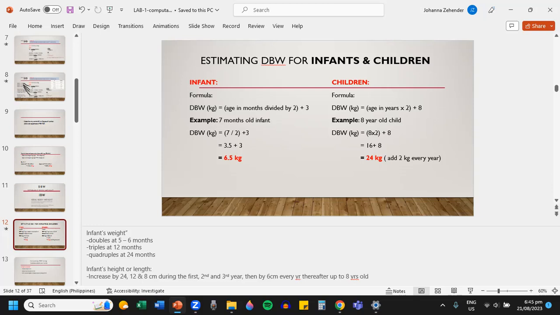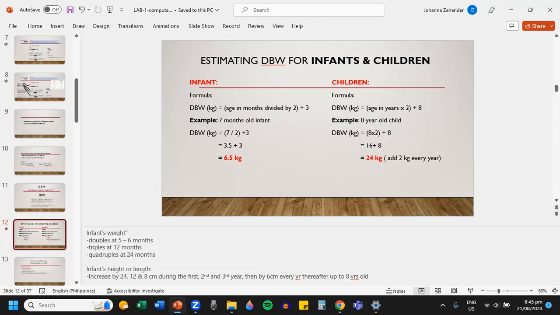To compute for the DBW, we have 7 divided by 2, where the 2 is constant, plus 3. So you have 3.5 plus 3. So the desirable body weight for a 7-month-old infant is 6.5 kilograms.